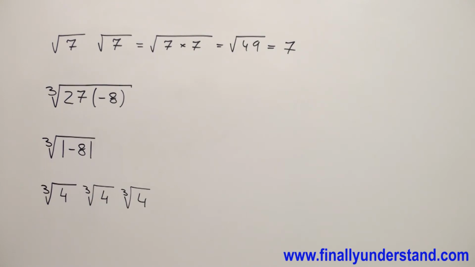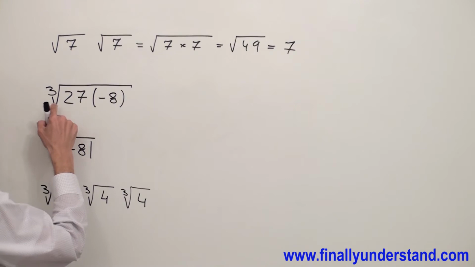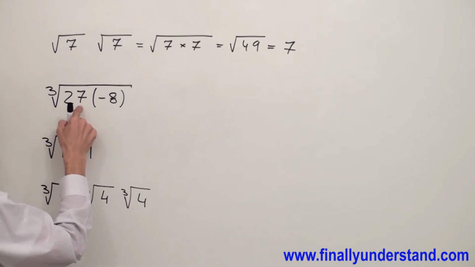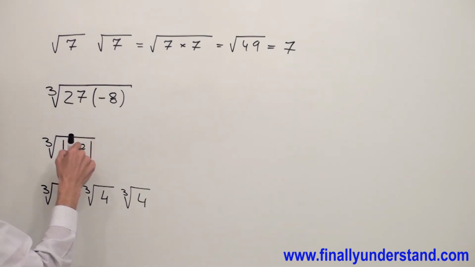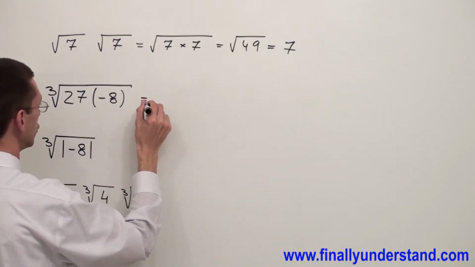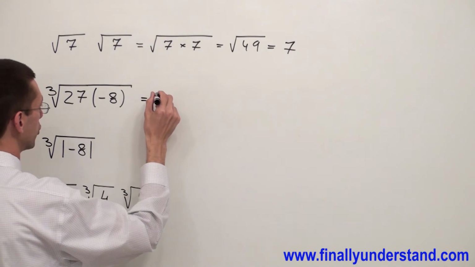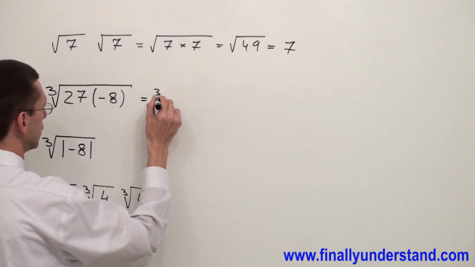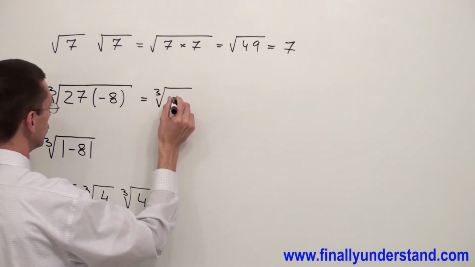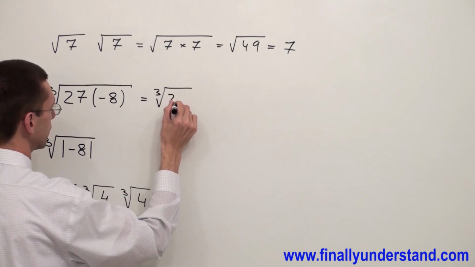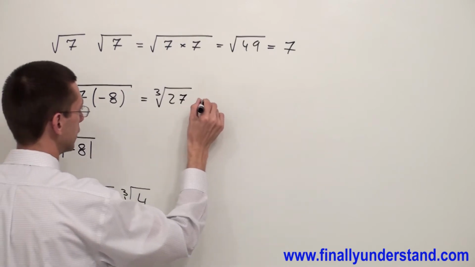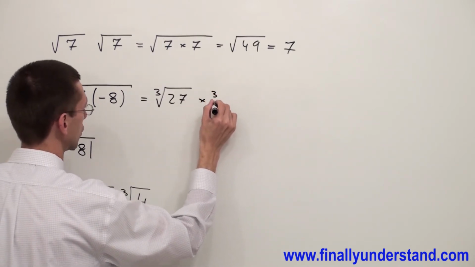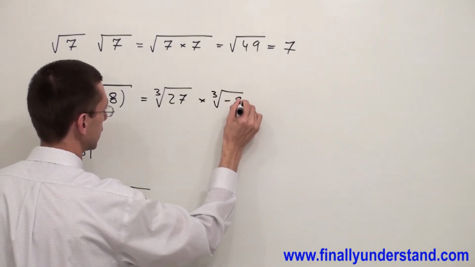Let's take a look at another example. We have cube root of 27 times negative 8. Okay, what I'm going to do right now, I'm going to again use the properties of radicals, and I'm going to use cube root of 27, because I have multiplication, I can do that, times cube root of negative 8.